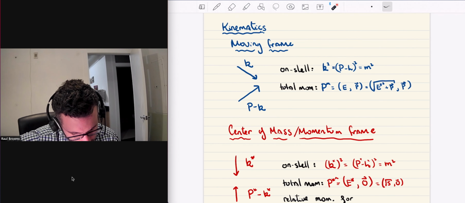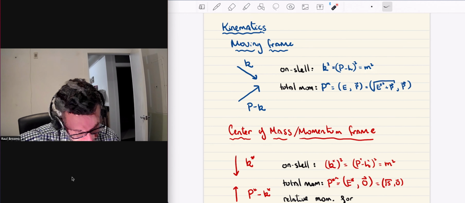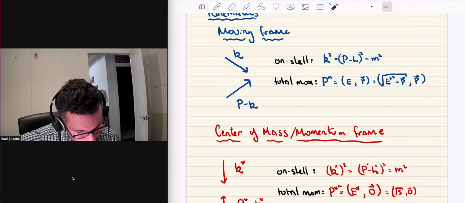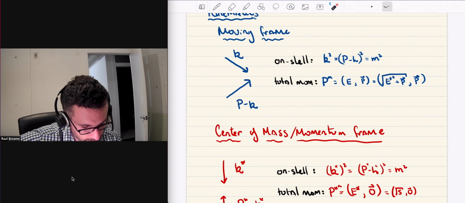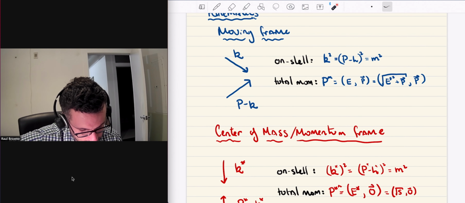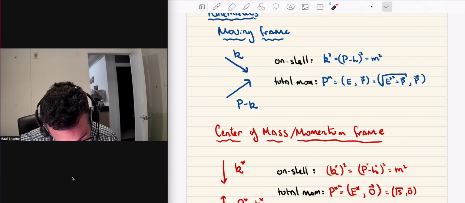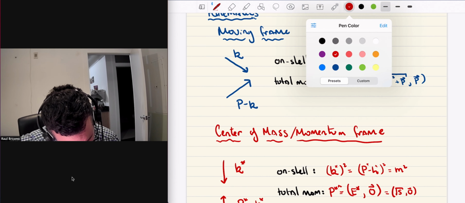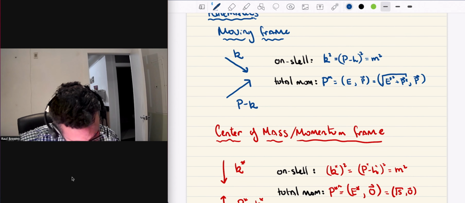If these particles are on shell, that tells me that k squared is equal to (P minus k) squared, which is equal to the mass squared of the particles. The total momentum is a 4-vector, which depends on the energy and the moving momentum. The energy I can write in terms of the center mass energy, which I'm going to be specifically calling E star, so the moving frame energy is equal to the square root of E star squared plus P squared.